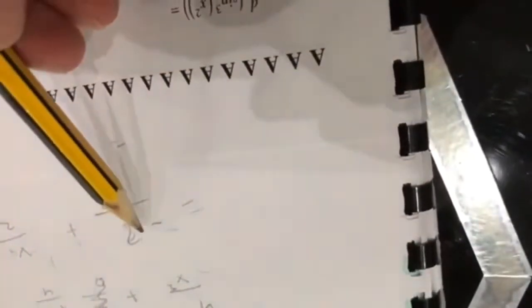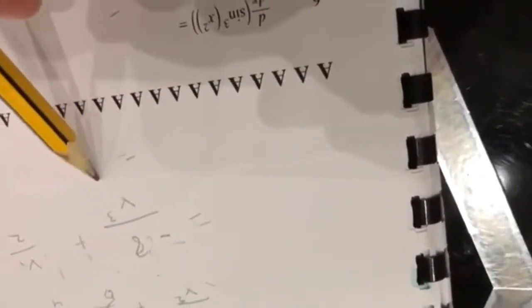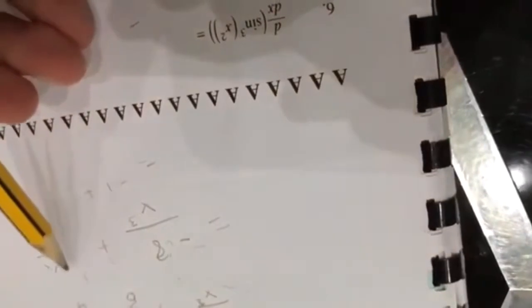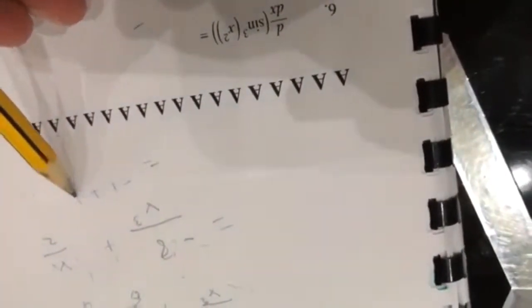So if we take 2 and multiply it here, it will be x over 2. So if we substitute by 2 here, we'll get minus 8 over 8, which is minus 1. Minus 1 plus 2 over 2 is 1. So minus 1 plus 1 is 0.